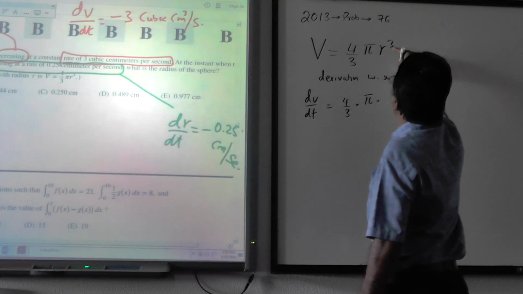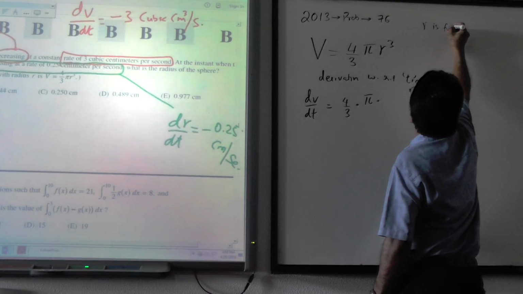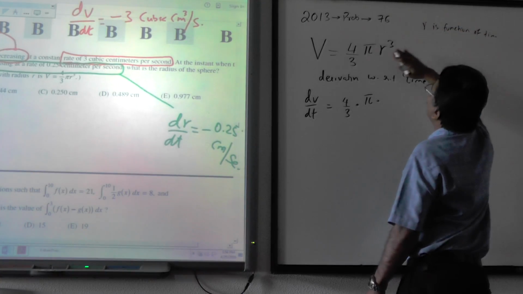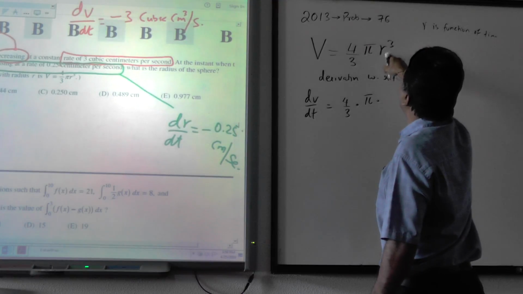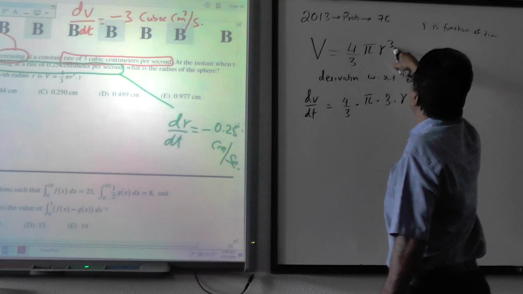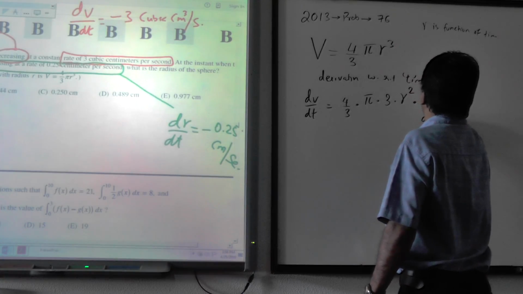Now this is a cube. Remember, r is also a function of time, so r depends on time, and you have to take the derivative of this also. It becomes 3 times r squared, since 3 reduces by 1 to 2, and then again dr by dt.